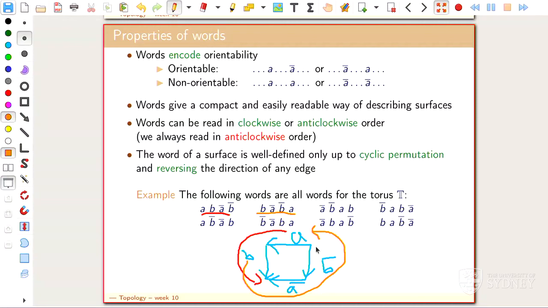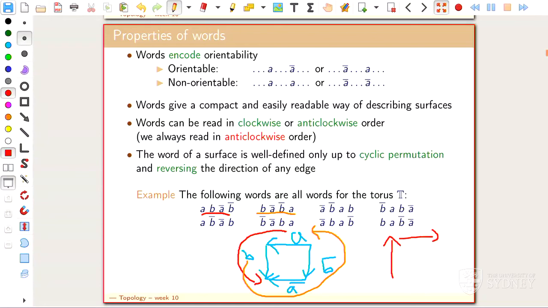And that's what we are trying to do now, which is an even more efficient way of encoding surfaces, just as little strings of symbols. So B, A, and so on is also only well defined up to reordering. Let me just draw it again. This is also the torus.